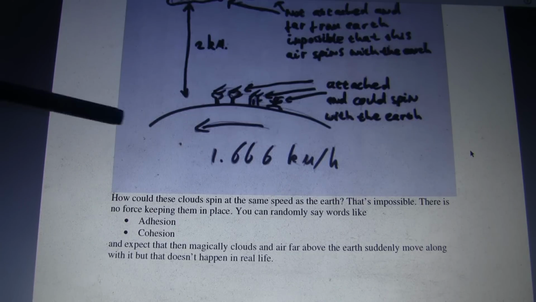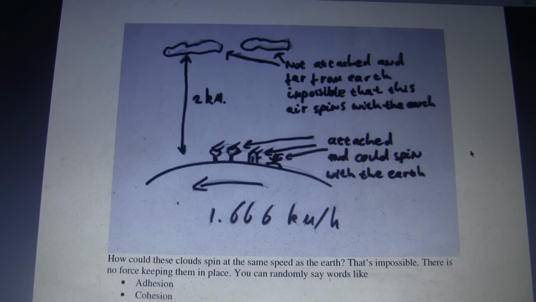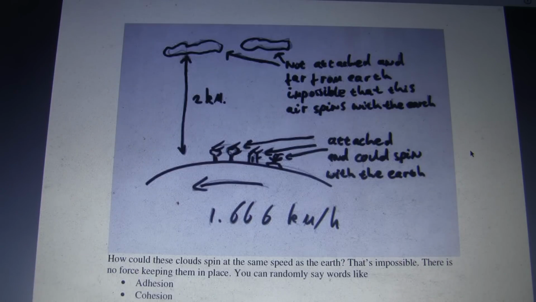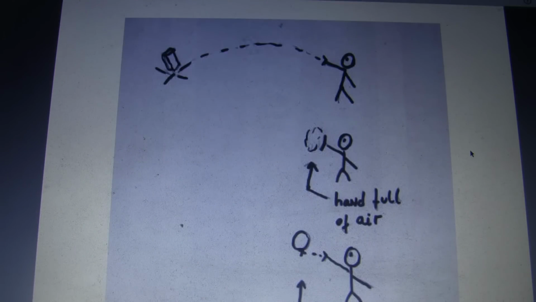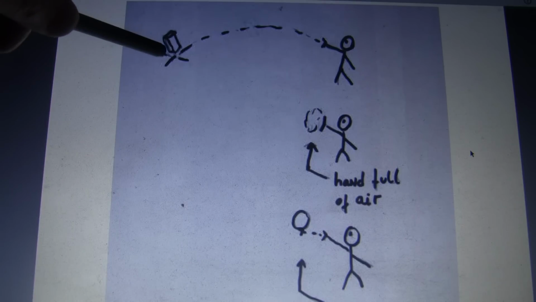And don't come up with the bullshit of, but there's adhesion and cohesion. No, there isn't. Of course, these things exist, but not on this scale. The air just moves everywhere. You can prove that with that little experiment. Where's the adhesion, cohesion with this and this?